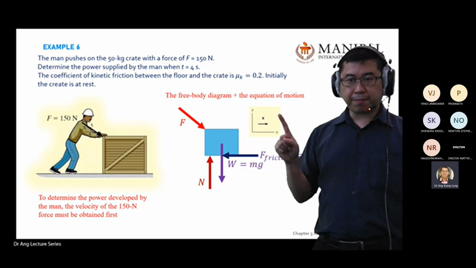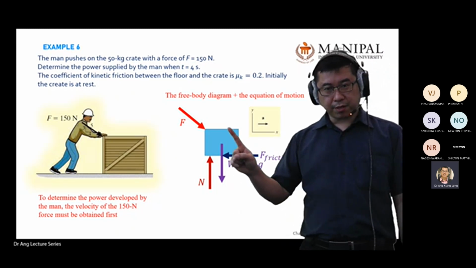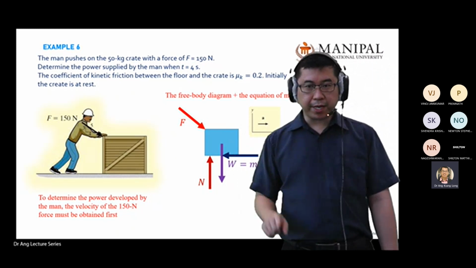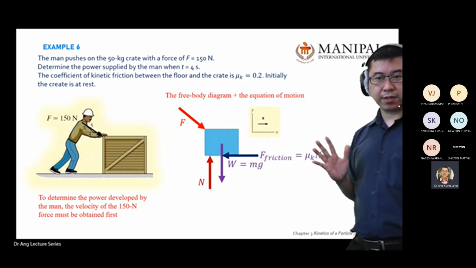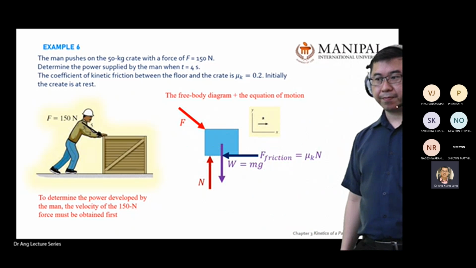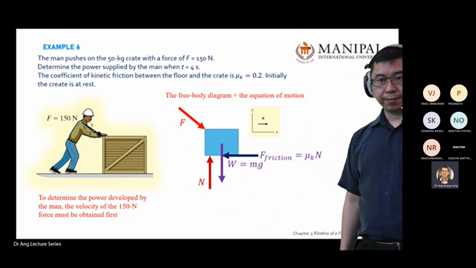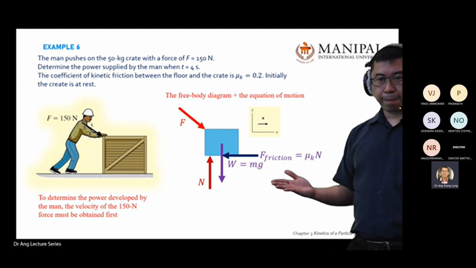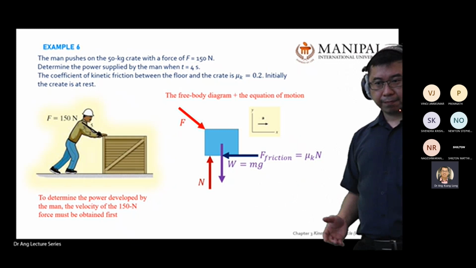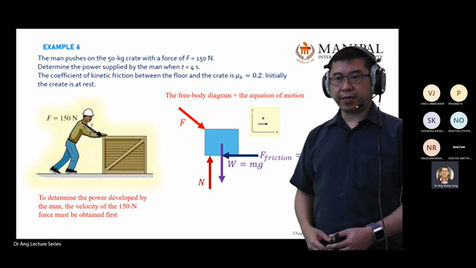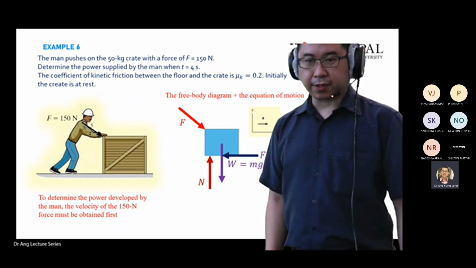So free body diagram plus the kinetic diagram. You can move it here. F equals ma. Any question on the free body diagram? Steven, are you okay? Yes, sir. All right.